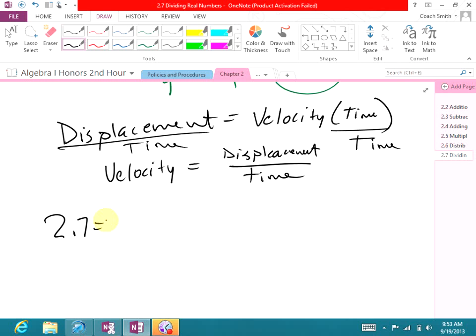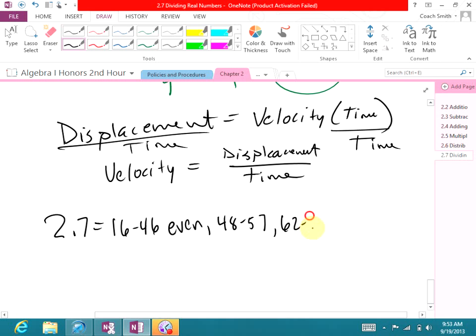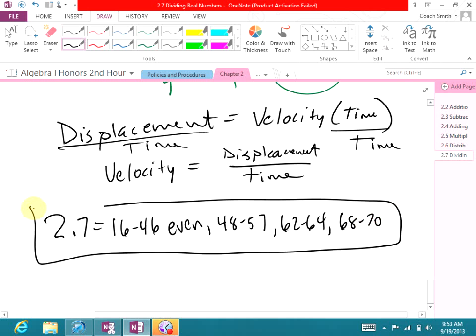Section 2.7: 16 through 46 even, 48 through 57, 62 through 64, 68 through 70. So that's going to be about 30 problems. Okay, you may go.